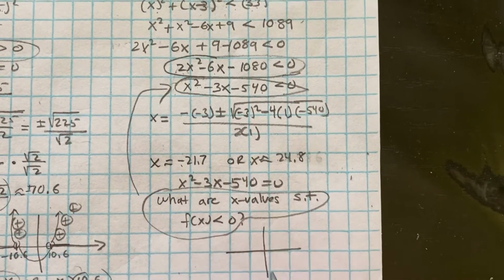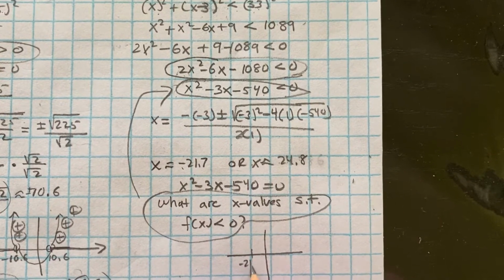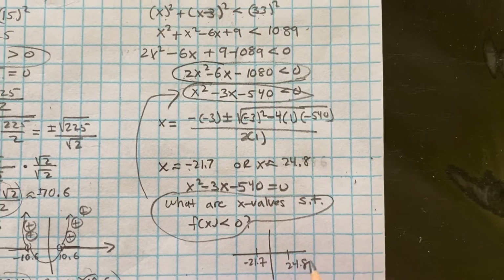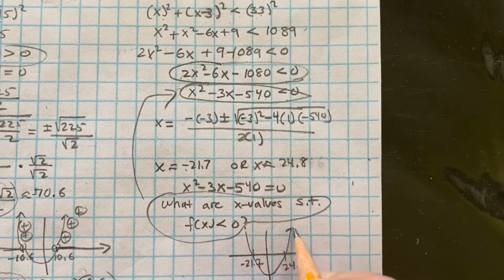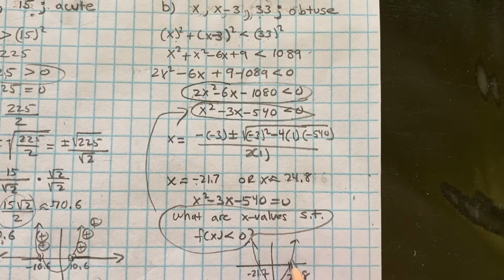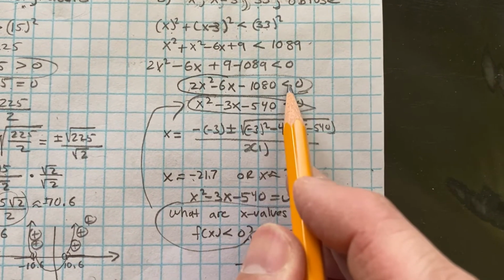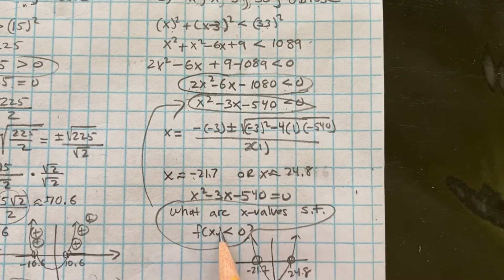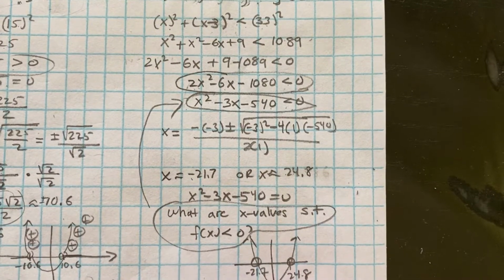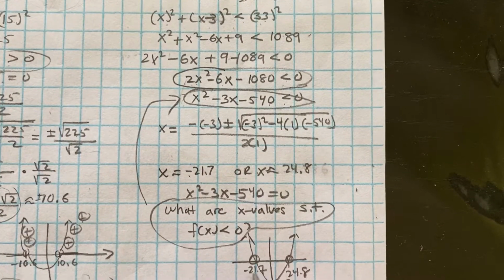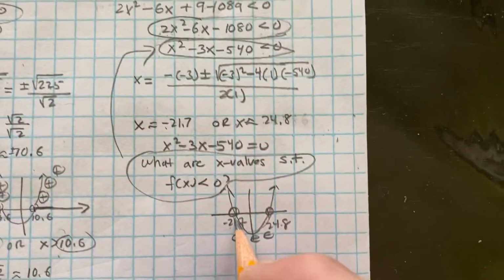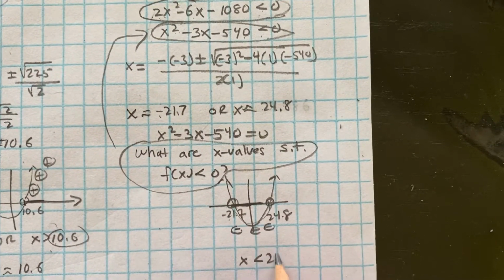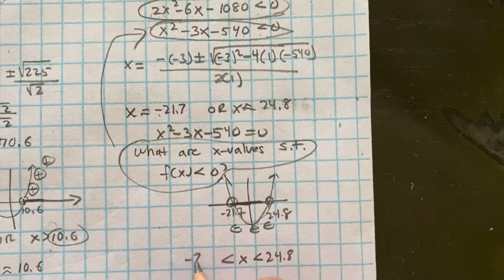So if I sketch it, here's negative 21.7, here's positive 24.8. Here's my parabola. Open circle, right, because there's no equal sign here. What are the x values such that f of x is less than 0? F of x is less than 0 in this region, right? The y value is less than 0 from here to here. So what are the x values? X is between negative 21.7 and 24.8.